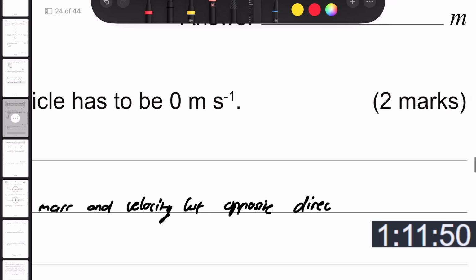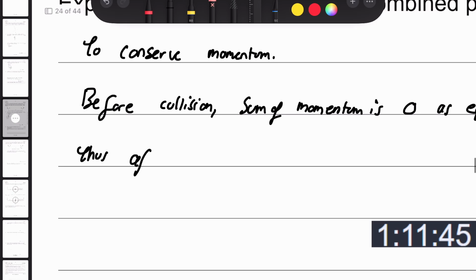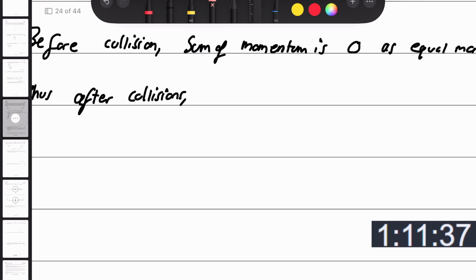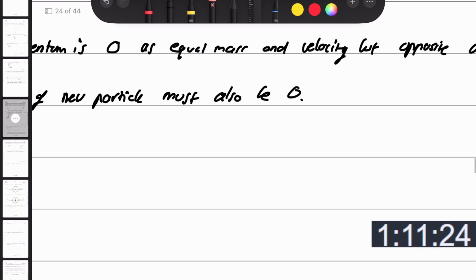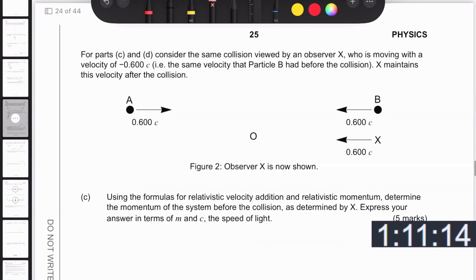Thus after the collision, the sum of momentum, or momentum of the new particle, must also be 0. And I'll say p equals mv. Clearly m cannot equal 0, therefore v equals 0.